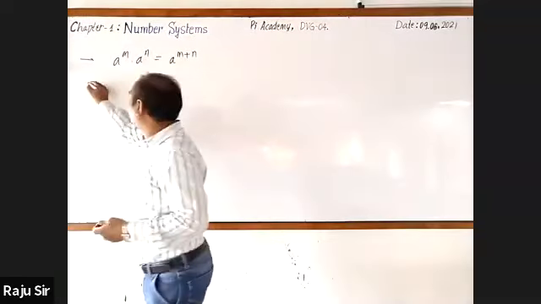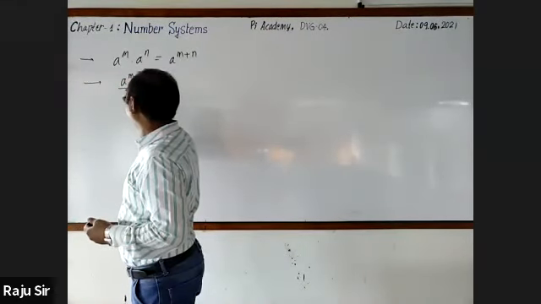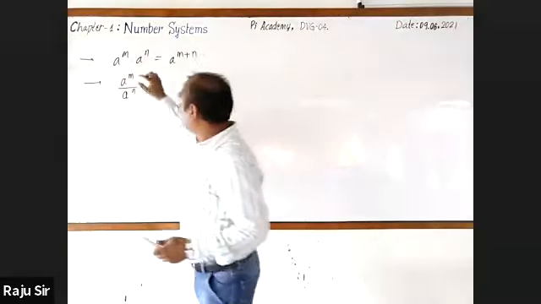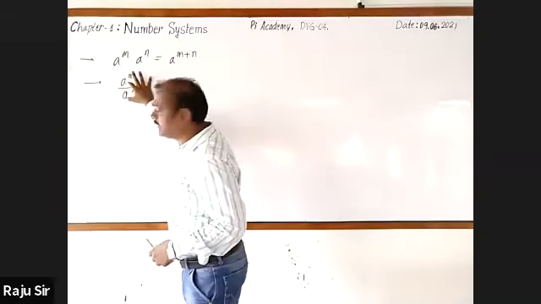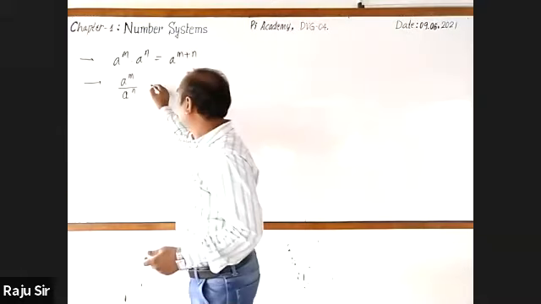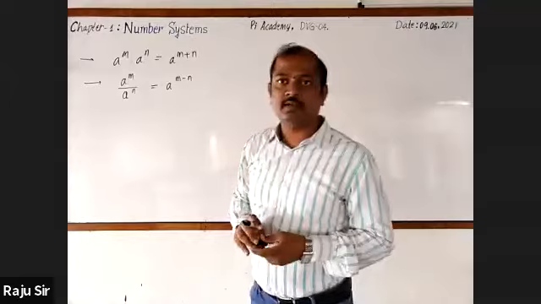And the second law: a raised to the power m by a raised to the power n. Here, one exponential number is divided by another in which the bases are the same and the powers are different. This can be written as a raised to the power m minus n.